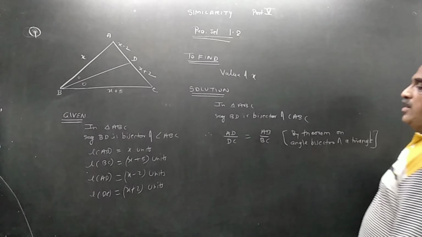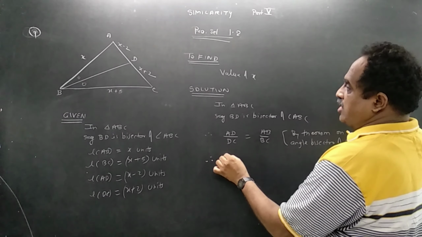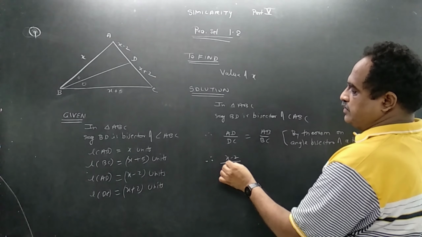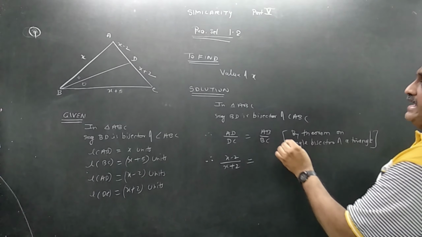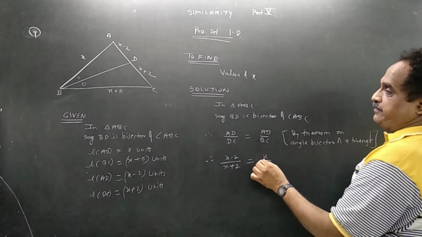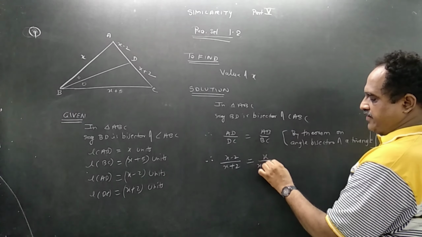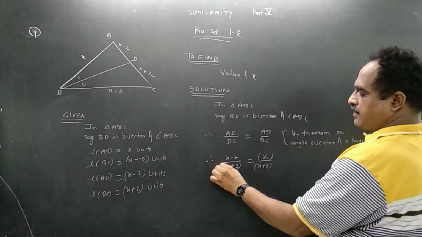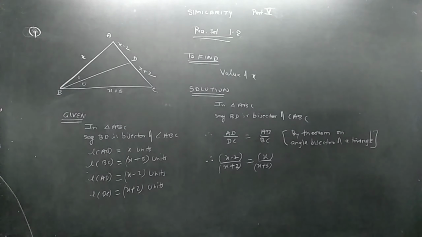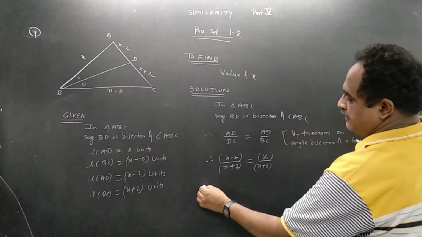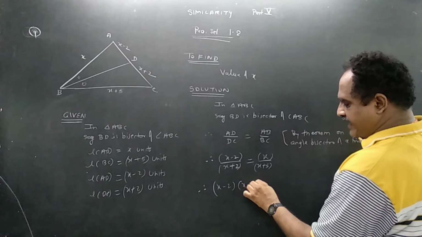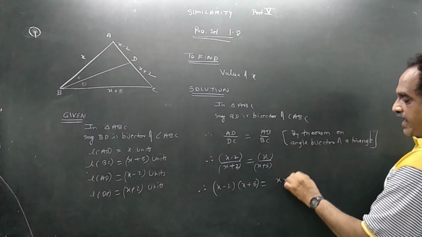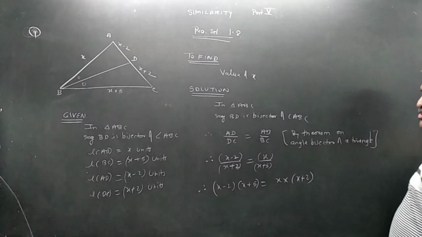Now we substitute the value of AD. Value of AD is x minus 2, AB is x, and BC is x plus 5. In this case, now we are going to cross multiply it. Therefore, x minus 2 into x plus 5 is equal to x into x plus 2.